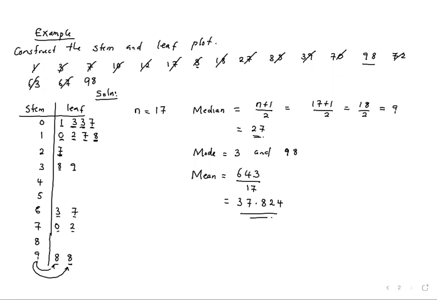So now how do you write it? Look, 5.1, 5.3, 5.7. I form the leaf, so I'll have 5 on the stem and then 1, 3, 7 as leaves.